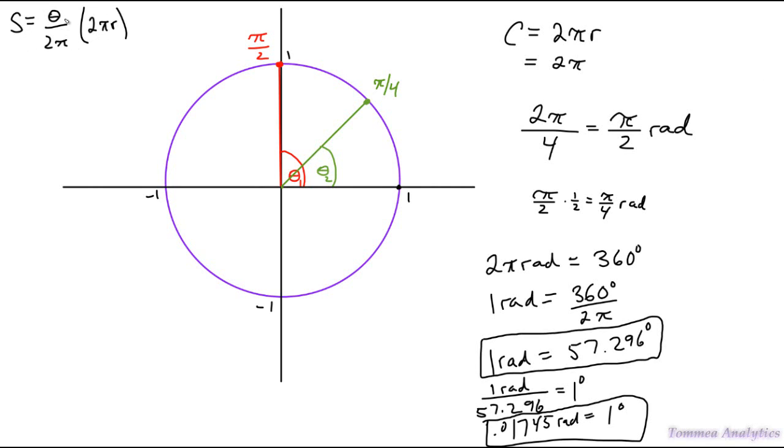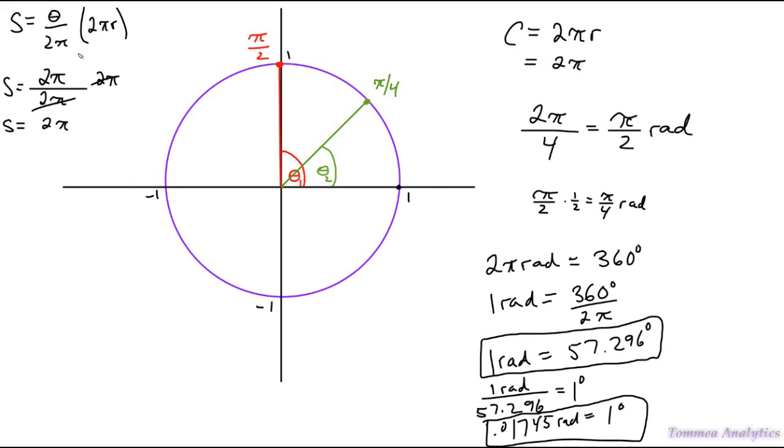Say that we have theta equal to 2 pi radians. That means that 2 pi radians is the entire arc length of the circle. So we have 2 pi radians in the numerator divided by 2 pi, and we multiply by 2 pi r, so with a radius of 1, we're essentially multiplying by 2 pi, and this is all equal to S. When we do the math, the 2 pi's cancel, and we get S is equal to 2 pi.